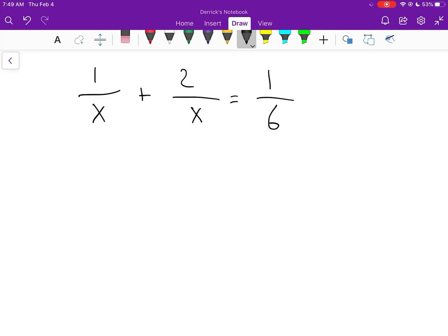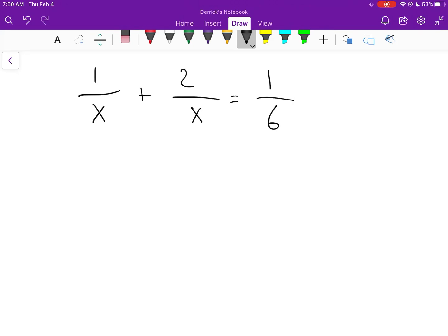Well, the difference is there's not one thing for us to multiply by that cancels out all of our fractions because we have different denominators. So before we can get rid of our fractions, we need to get a common denominator with all three of our terms here, kind of like what we did when we were adding and subtracting rational expressions in the previous section. You should go watch those video notes if you need to refresh.